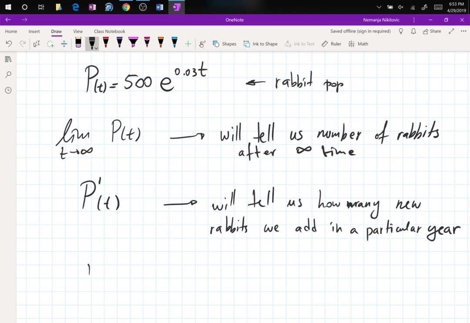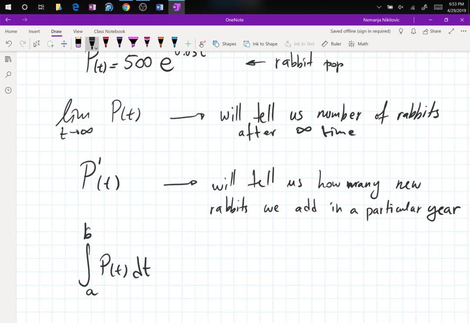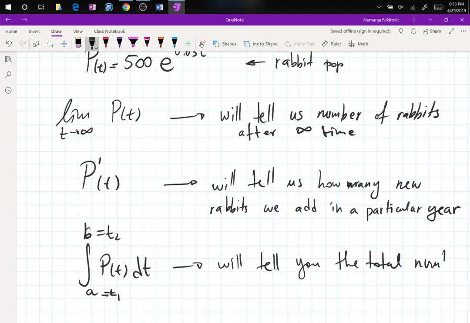But then you can find the integral of P of t dt from a to b, which is time 1 and time 2. Time 1 and time 2. It will tell you the total number of rabbits, of all rabbits, from time 1 to time 2.